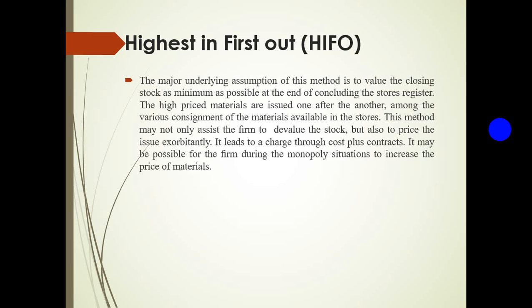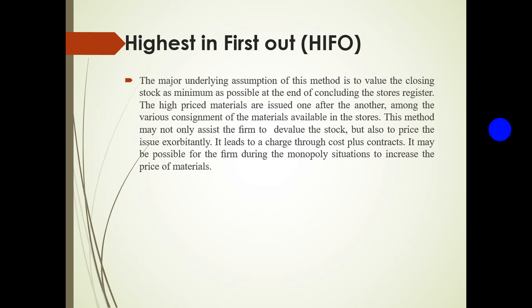The major underlying assumption of the HIFO method is to value the closing stock at the minimum possible at the end of concluding the stores register. So the highest prices are issued one after another among the various consignments of material available in the stores.